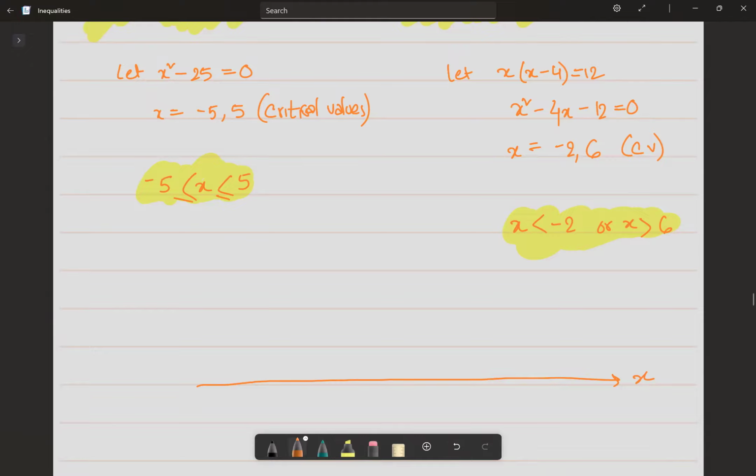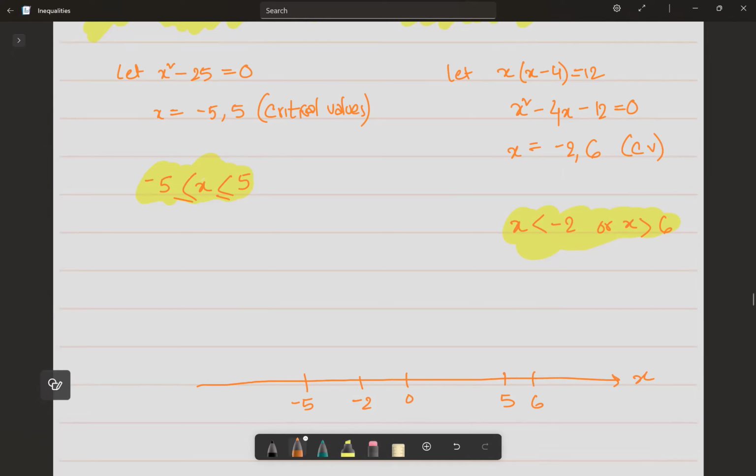And now 0 stands in the middle. We have the critical values minus 5 and 5. So minus 5 should be here, and 5 at somewhat equal distance. Then we have minus 2 and 6 as the critical values. So minus 2 should be somewhere here, and 6 closer to 5, but more on the right.